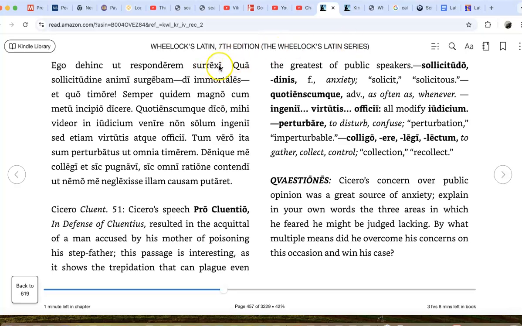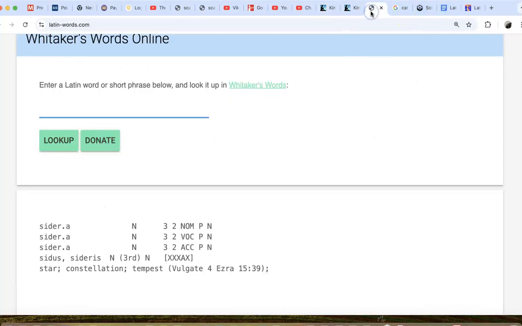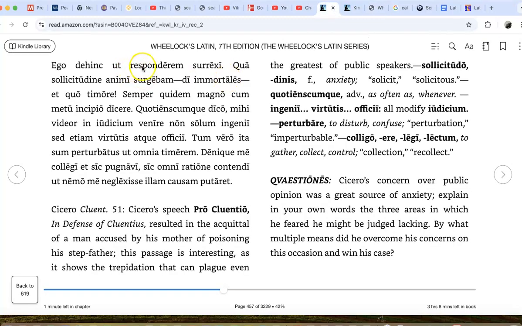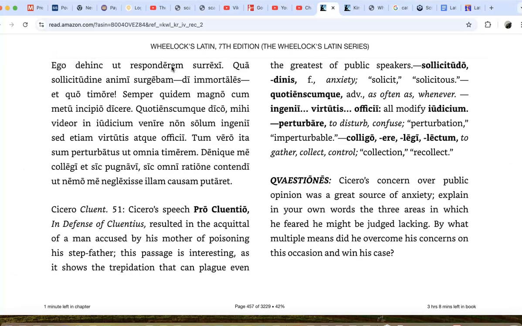So hopefully we recognize that this is in the perfect. We can always confirm. You can see here are our principal parts. You would probably look up the word directly, but you can see it is in the perfect. And so since we have the perfect or past tense, that's why we have the imperfect form of the subjunctive.